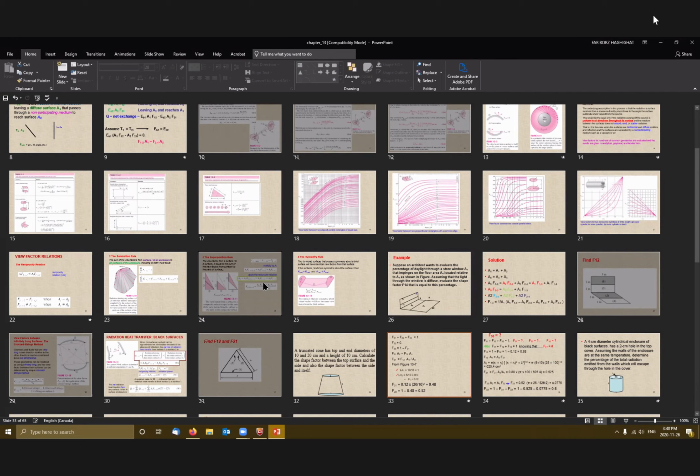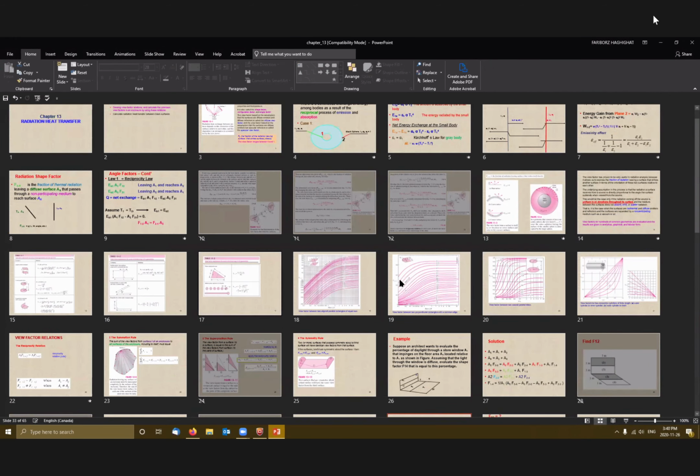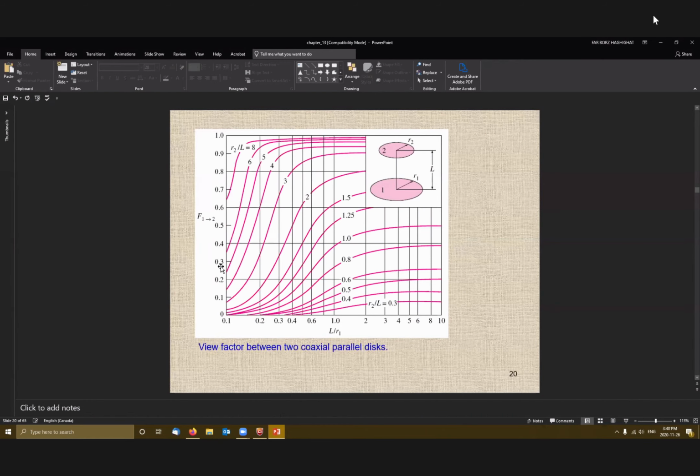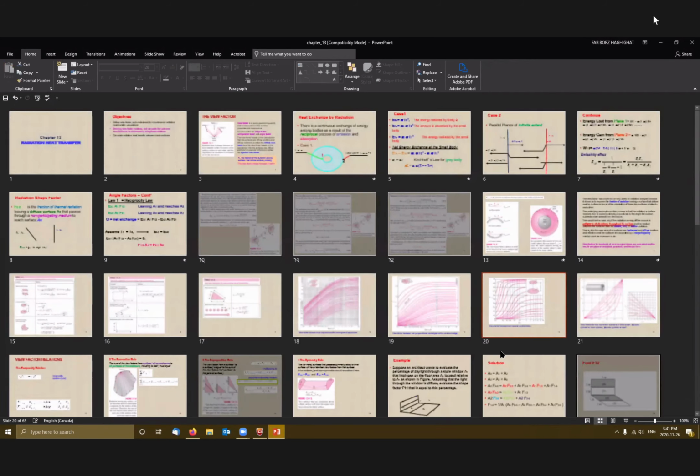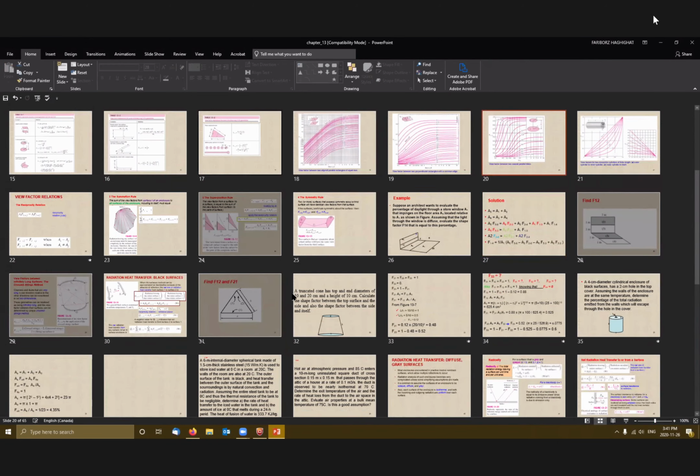This one gave you the shape factor of 1 to 2 from here to here. But in your application, you need 2 to 1. Therefore, that's why we wrote the reciprocity rule. Keep in mind, the figure gives you 1 to 2.